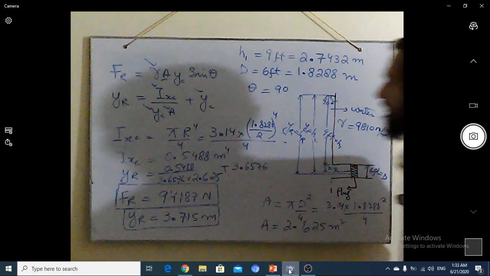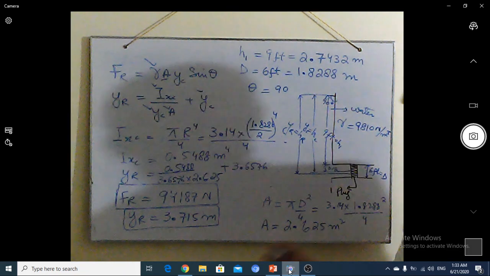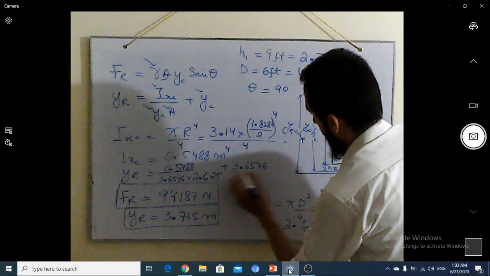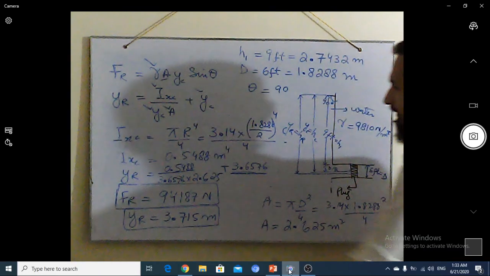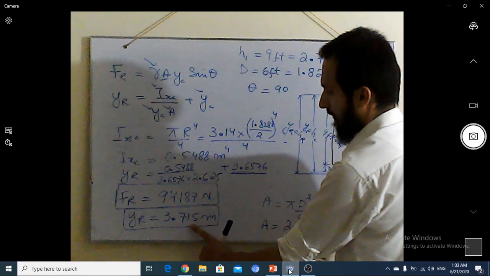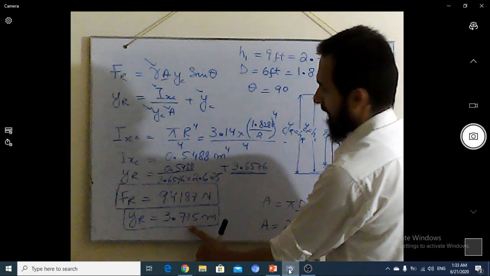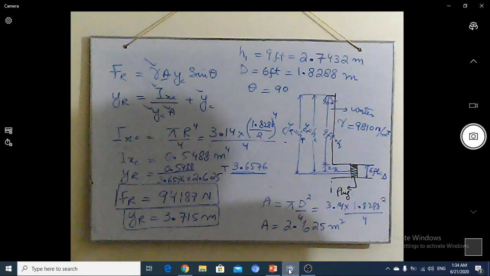An important thing to be noted is that YC is equal to 3.6576, and YR does not lie at the centroid of the plane surface. It's always below the centroid.